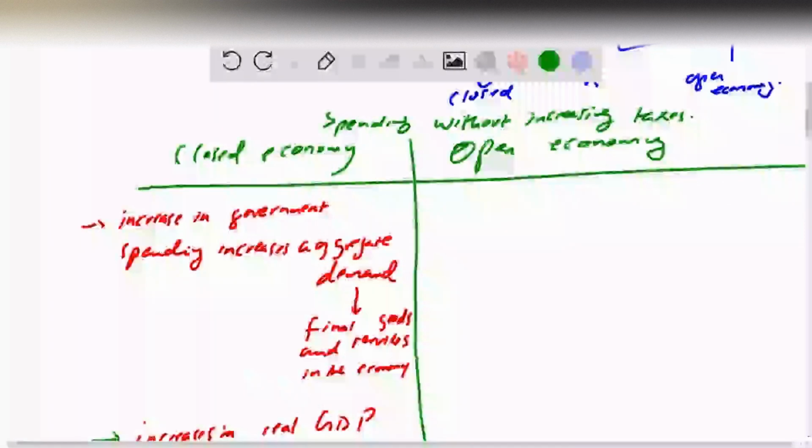On the other hand, in an open economy, as we've defined, there's capital inflows, open flow of goods and services, imports and exports in and out of an economy.